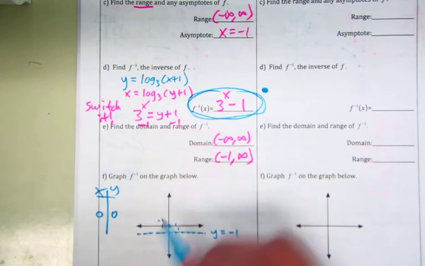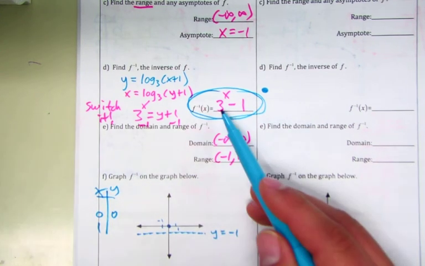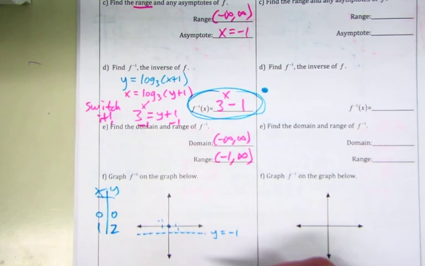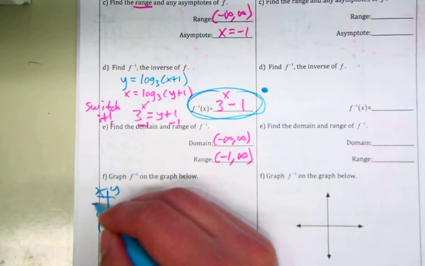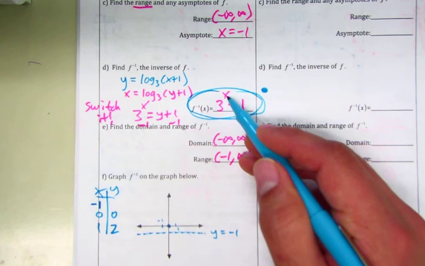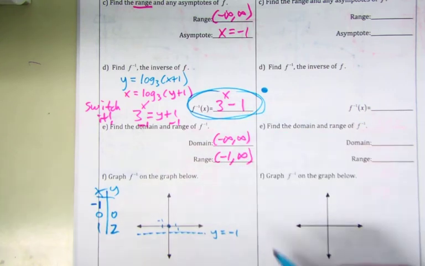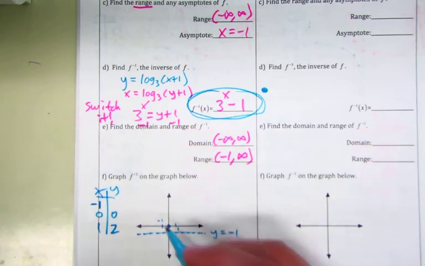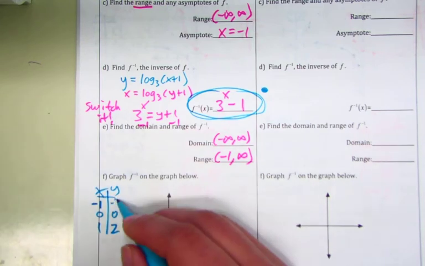If I plug in 1, 3 to the 1 is 3. Subtract 1, we get 2. If I plug in negative 1, 3 to the minus 1 is 1/3. Subtract 1. 1/3 minus 1 is negative 2/3. So now we're down here.